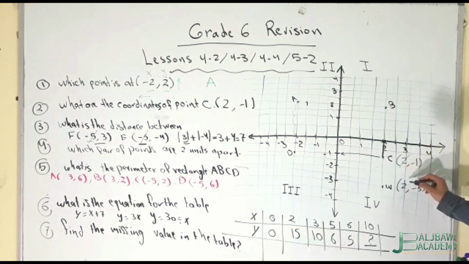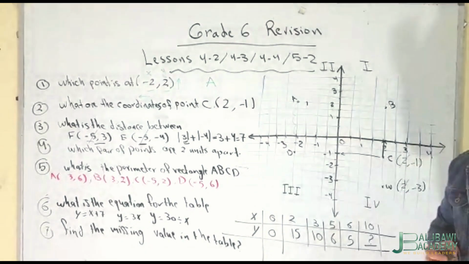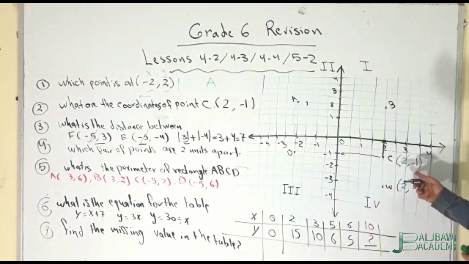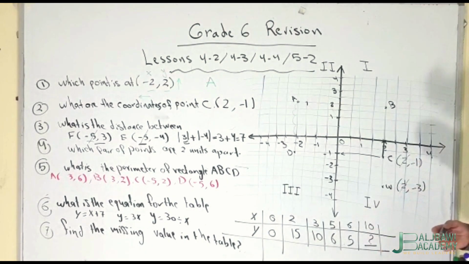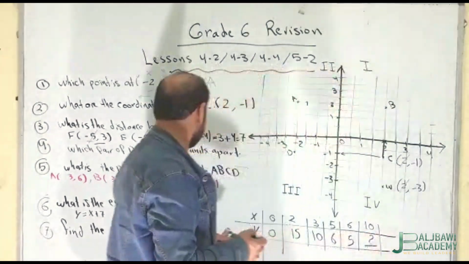They have the same x coordinate, and the y coordinates have the same sign, so I subtract their absolute values. 3 minus 1 equals 2. So the points are C and W.